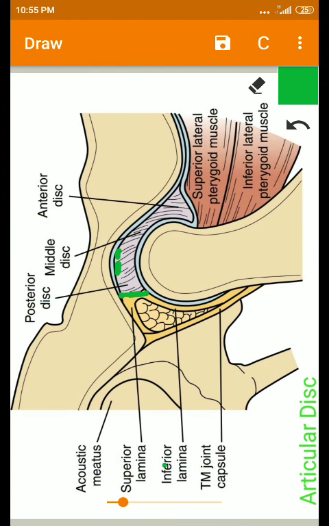For such a function, the disc has to be stabilized, during rest as well as in mobility.